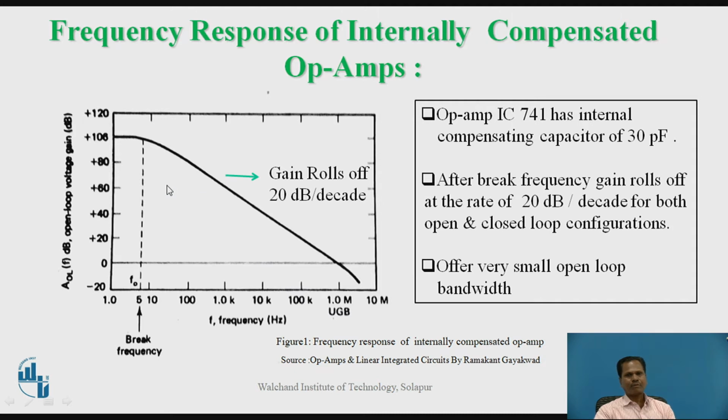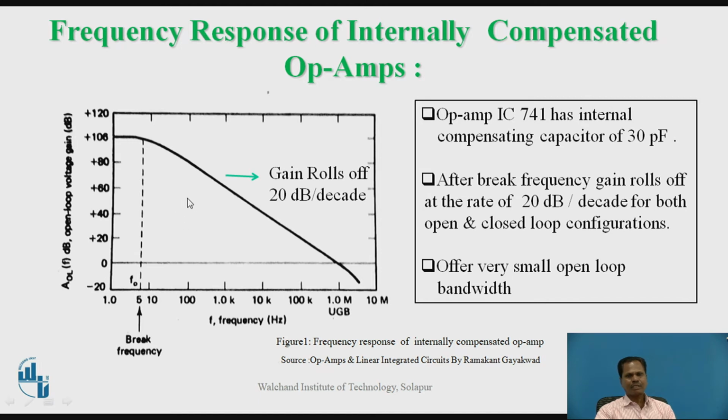So whether operational amplifier is used as a closed loop inverting amplifier or non-inverting amplifier, after a break frequency, the gain decreases at a constant rate of 20 dB per decade, irrespective of the value of open loop gain or closed loop gain of operational amplifier. So internally compensated operational amplifier.